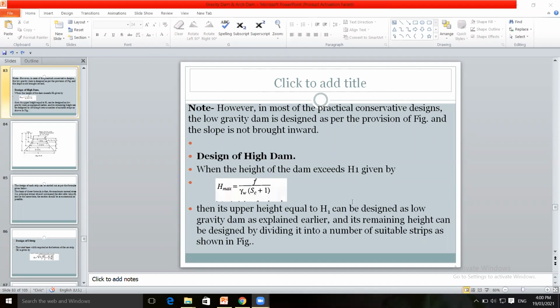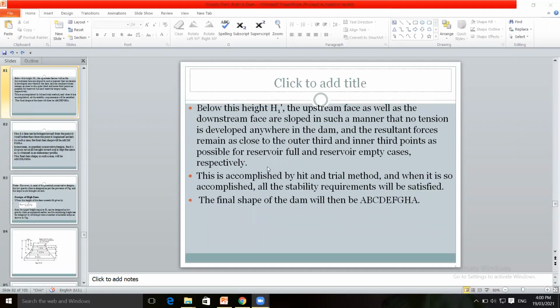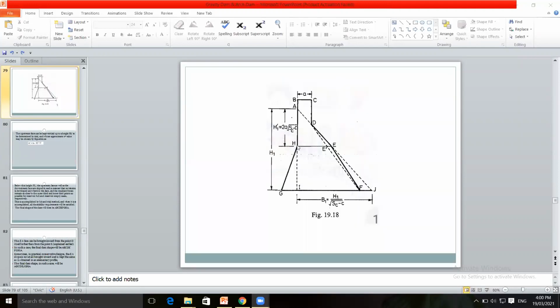So if the height is greater than H1, the remaining height below that base of low gravity dam, see the diagram. तर इथपर्यंत H1 hash आहे. कुठपर्यंत आहे? Up to this plane HE पर्यंत, हा जो horizontal line इथपर्यंत तो low gravity dam आहे. त्यानंतर खाली काय आहे? तो extend झालेला आहे. This is after extending this, it will become high gravity dam.